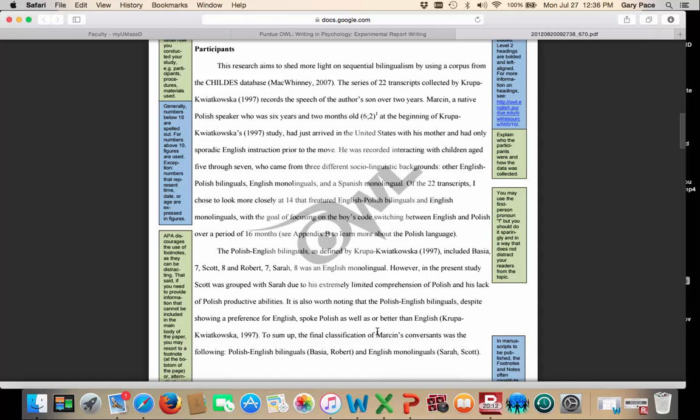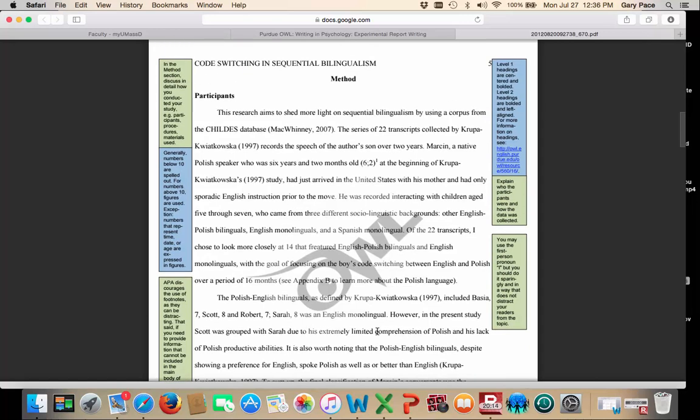All right, so let's talk about the purpose of the method section. Again, go back to that first week when we talked about this in a lot more detail.